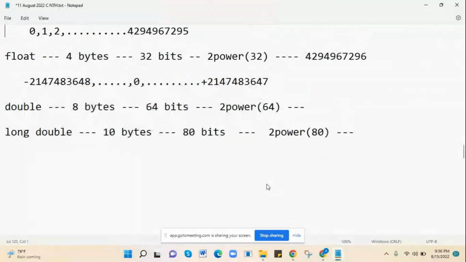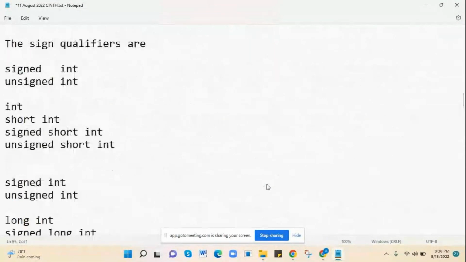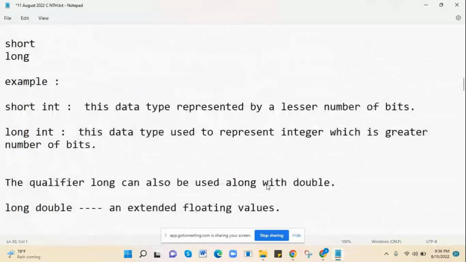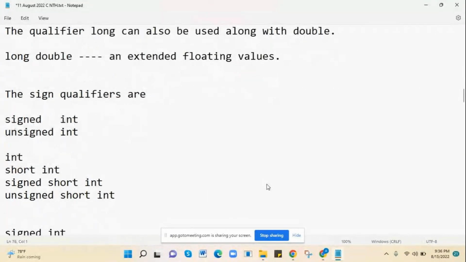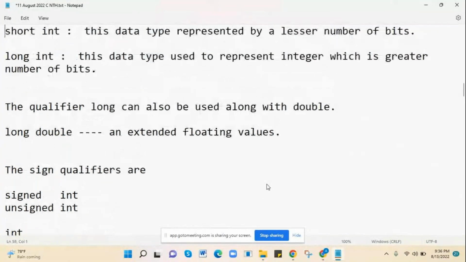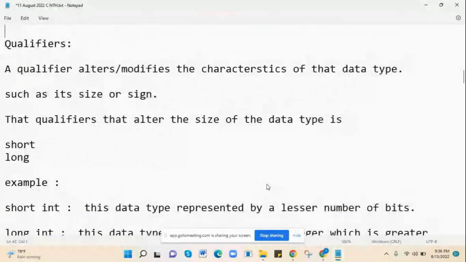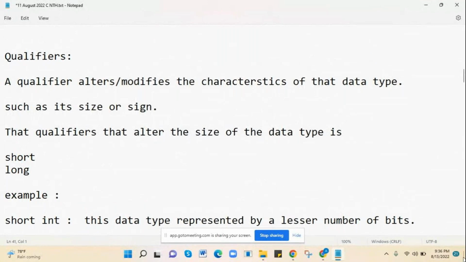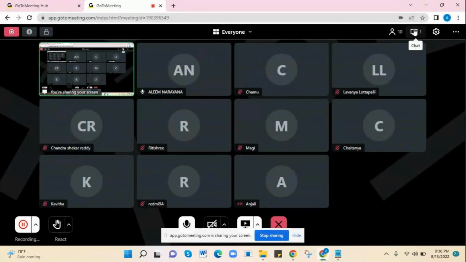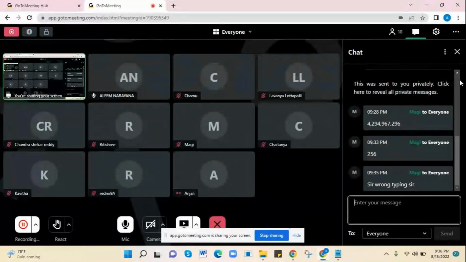Okay. Can you write down the notes? Do I need to give time? Yes, sir. Wrong typing, sir. Okay.